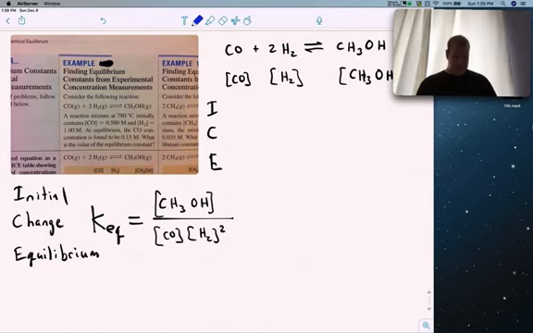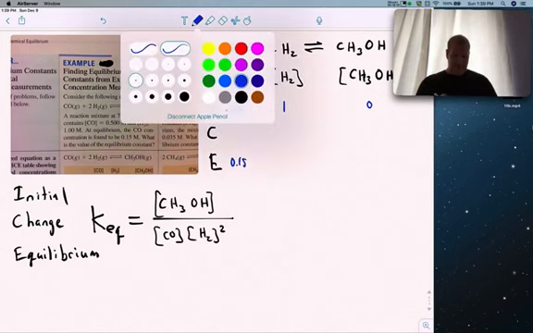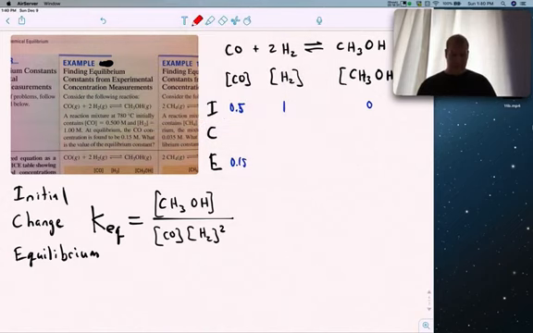So initially, carbon monoxide is going to be 0.5 molar. Initially, hydrogen is 1. And methanol is not listed, so we assume this is 0. And we also know that the carbon monoxide at equilibrium is found to be 0.15. So what we can infer from this is that the carbon monoxide has dropped by 0.35 molar, right?